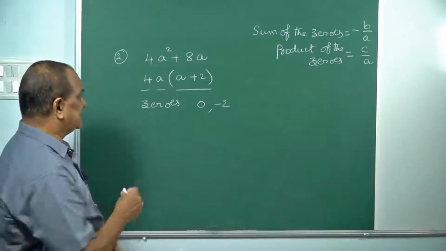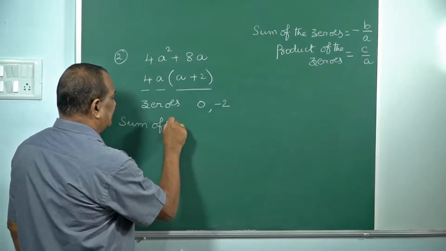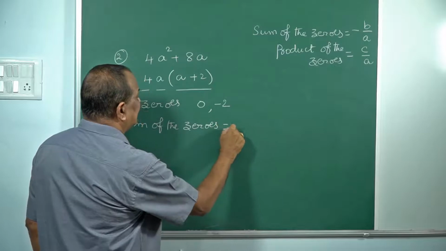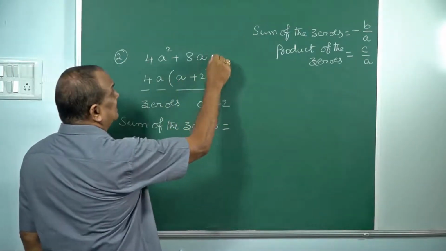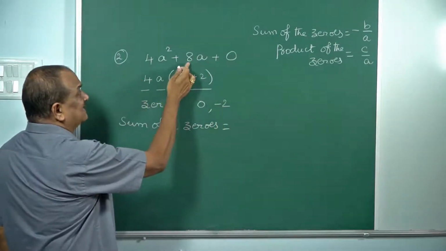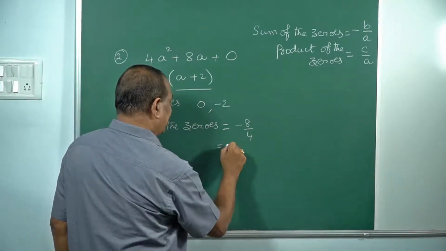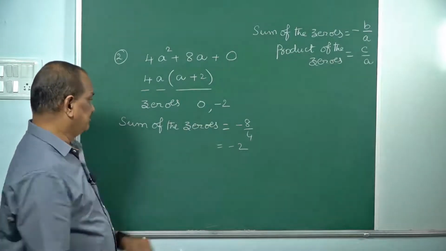Now let us understand. Sum of the zeros is equal to minus b by a. There is no constant here, remember that. Minus 8 by 4. Does it work out here? Minus 2. Yes, of course, if you add these two, you get minus 2.